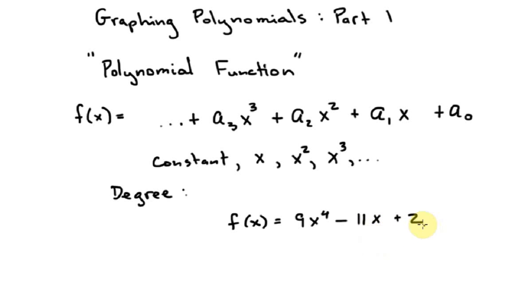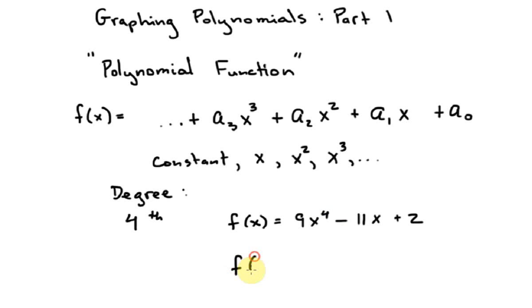So I look at this and I go, yep, there's a number, there's an x term. They left out the x squared, which is fine. They left out x cubed, and they went to x to the 4th. And so, oh, that must be a degree 4, or a 4th degree polynomial, because my biggest exponent is 4.